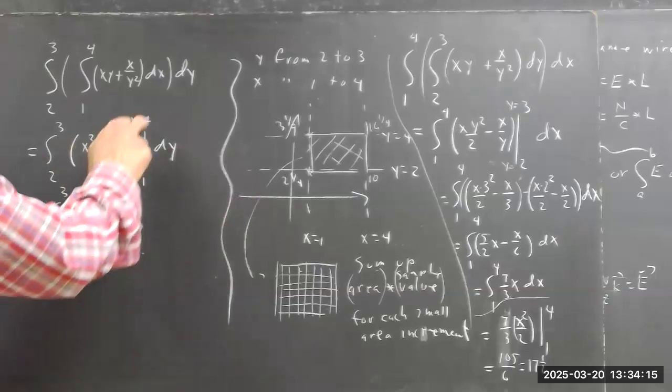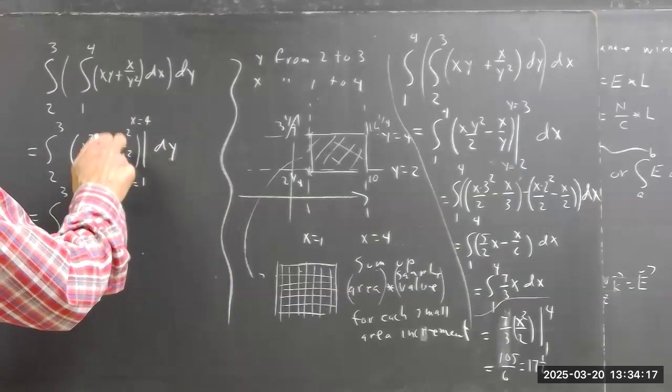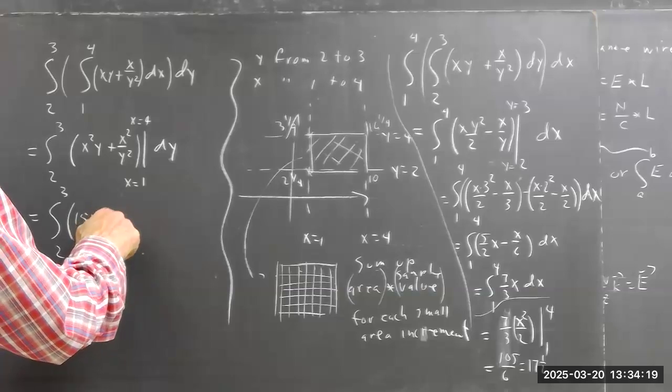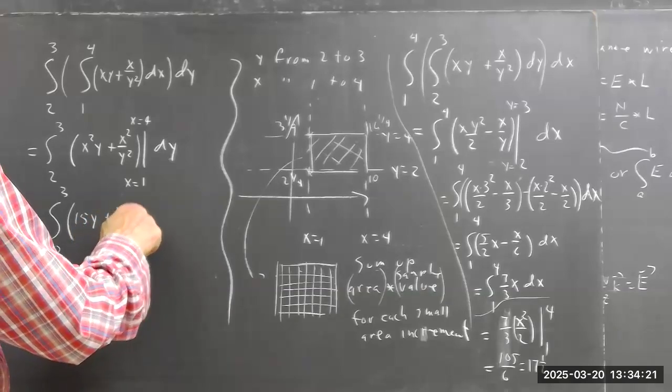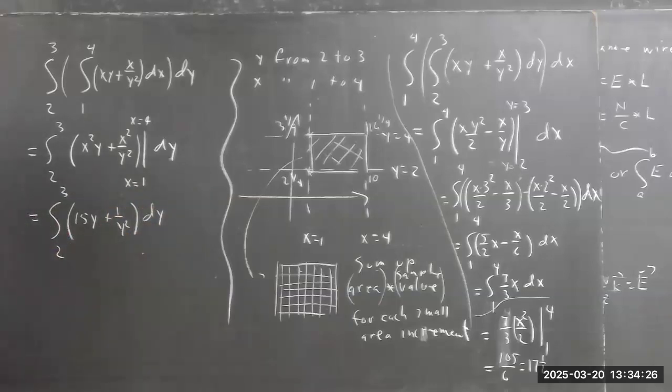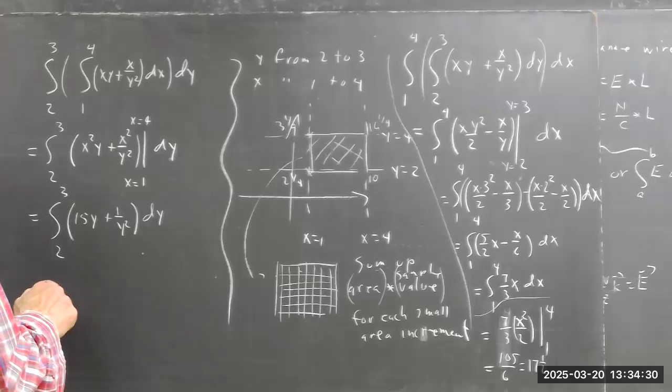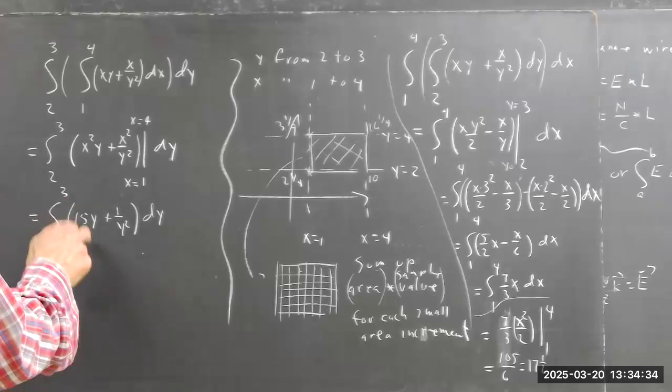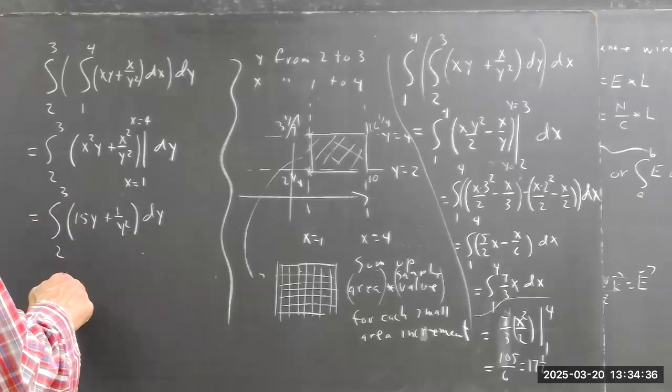And you can do the details to understand what I'm doing here, but that's going to be 16 minus 1. And I think if I did that correctly, it might be. Okay.